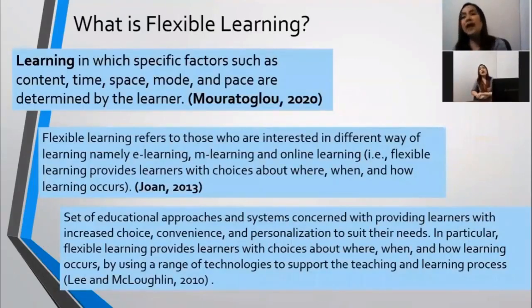There are a lot of scholarly articles and scholars who define flexible learning. They said that it is learning in which specific factors such as content, time, space, mode, and pace are determined by the learner.